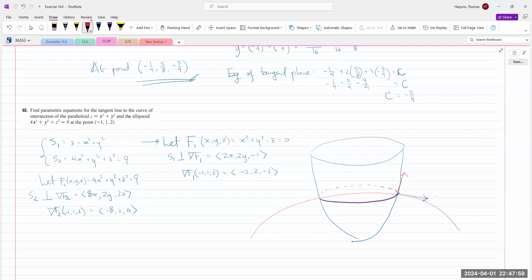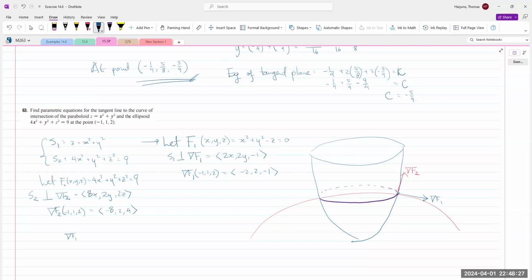Now, notice that the cross product at this point will be going into the paper, or going into the surface, right? So visually, this is the gradient of f1. This is the gradient of f2.